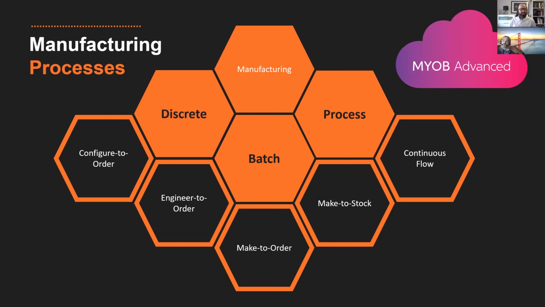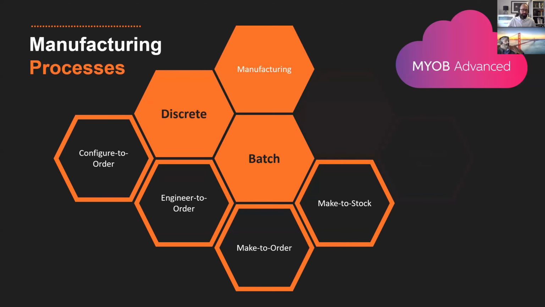When it comes to process manufacturing, there are industries such as oil refineries, paper, cement, glass. Those are the types of industries that are typically continuous, and MYOB Advanced is unfortunately not suited for those industries. So I'll remove that from this slide, and these are the manufacturing processes MYOB Advanced can handle beautifully.